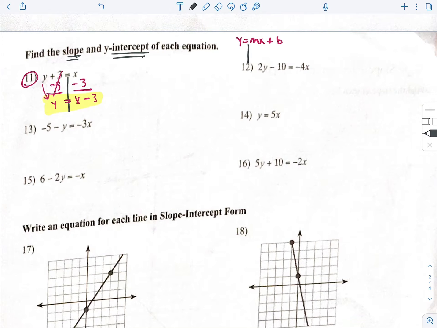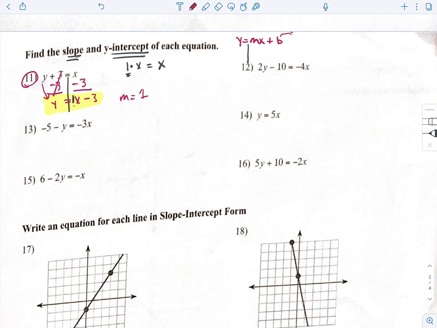Remember, in the form, our slope is m, the number in front of our x. Since all we have is x here, we need to assume there's a 1. Remember, 1 times x is x. Therefore, it's okay to say that our slope is 1. So slope is 1.